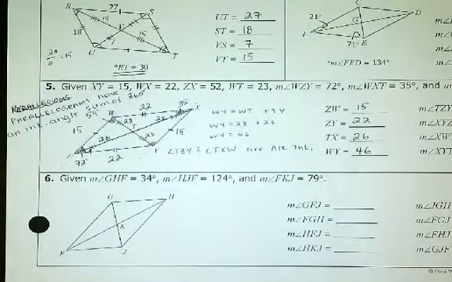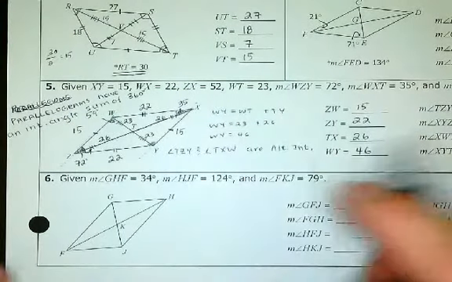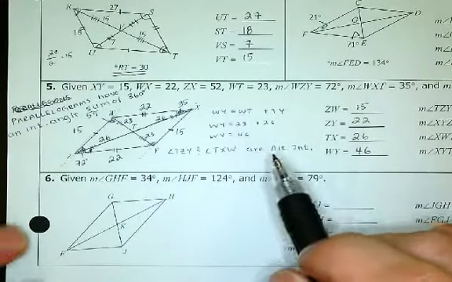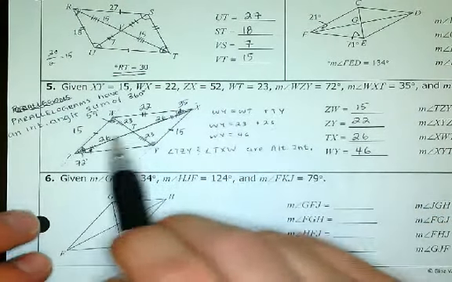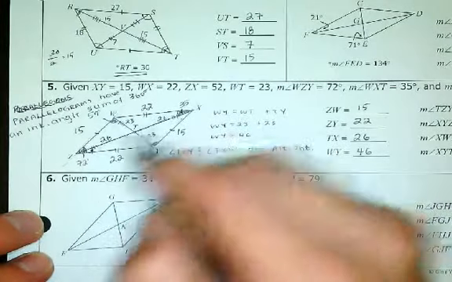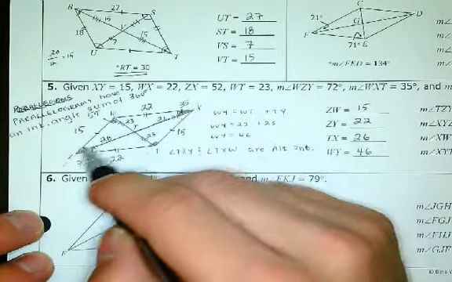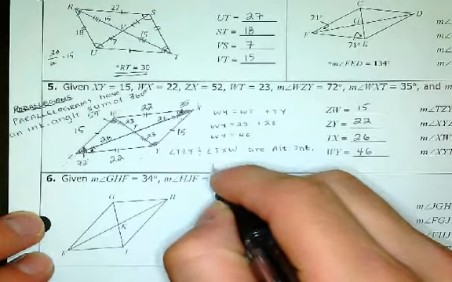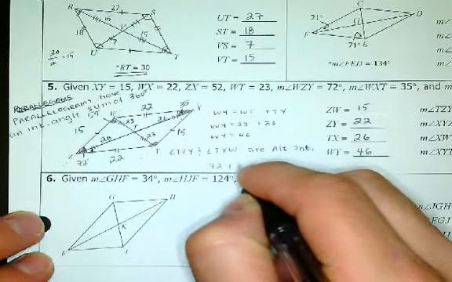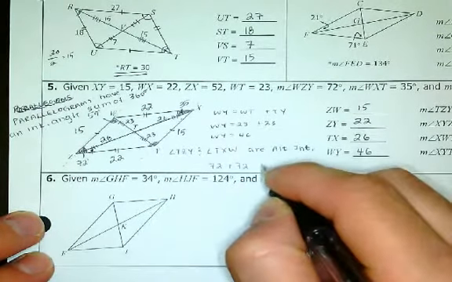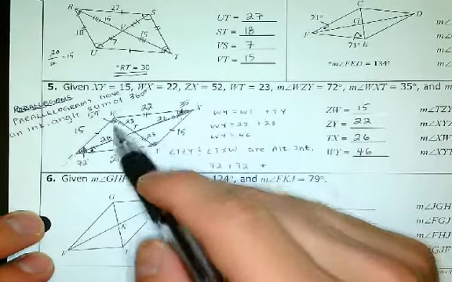Okay, so we know already that these two are 72. So let's go ahead and add those. 72 plus 72 plus this big guy.